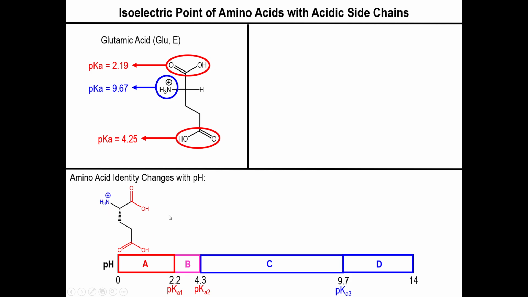And it's important to remember that because the best strategy for what I'm about to show you is to always start with the most acidic version of the amino acids and then make our way across. And the reason for that is because when you look at this molecule, you should realize, okay, we have a +1 charge in this molecule overall because of the amino group that's protonated.